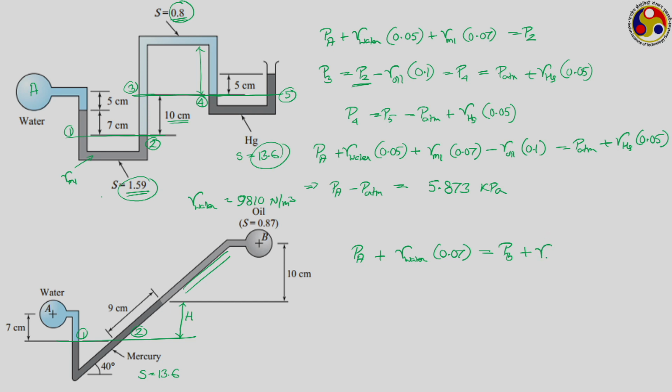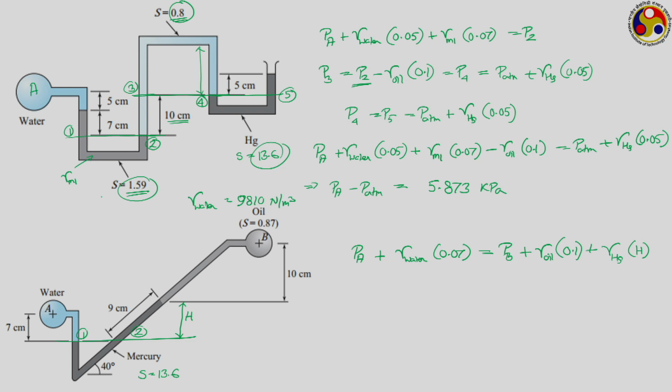So, here the pressure is gamma for oil into 0.1, because we always have to go by the vertical distance, not by the distance along the inclined plane, as we are talking about the gravitational head only. And now, along with this we are having this gamma Hg into H, which is the height of the corresponding mercury column. Now, how much is this mercury column height?